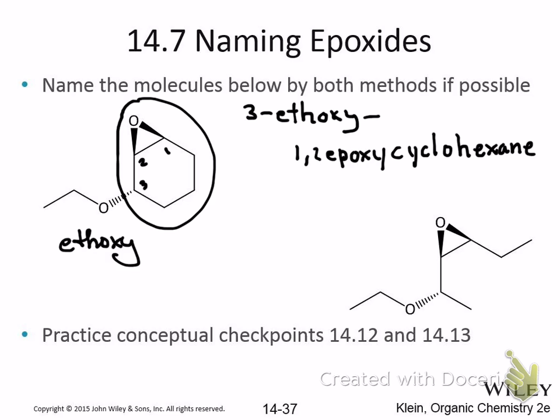And then you have to designate stereochemistry. So there are 3 stereocenters on that one. Let's see. This is 1, 2, and 3, and there's a hydrogen going back like this, right? So this is going like this.